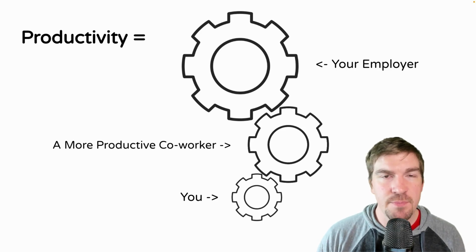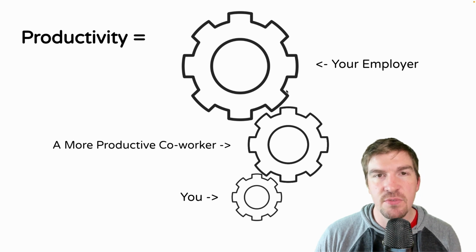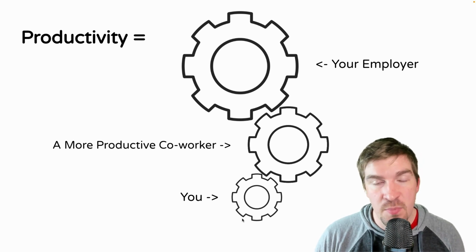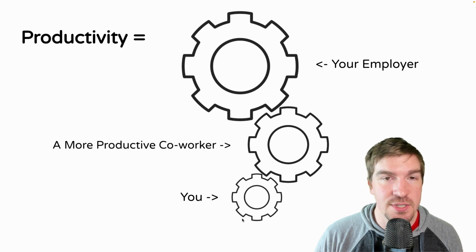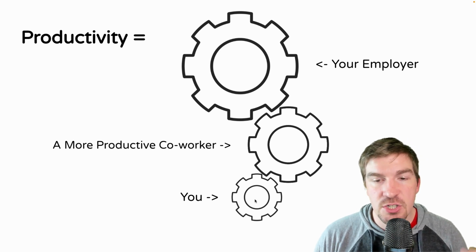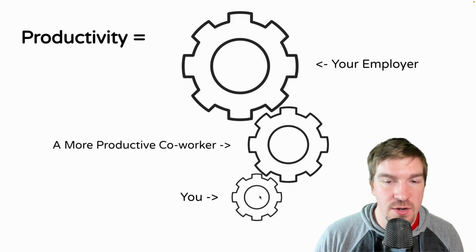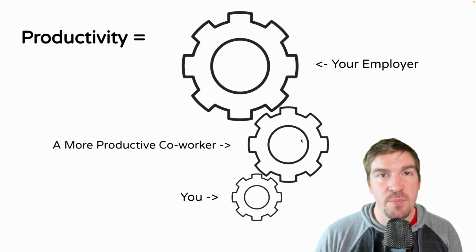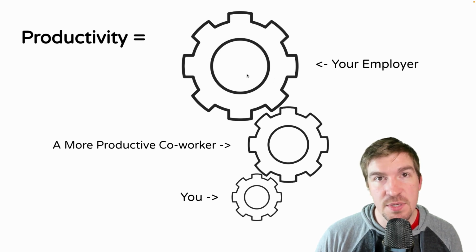So you can think of any business out there as a series of gears where the people inside the company drive the business. And if you are in a business, you fit somewhere in a hierarchy of gears that relate to productivity. There may be people below you. You may be more productive than some of the other people in your organization. But for simplicity, just to demonstrate, if you are here and there is somebody above you that is more productive, they are a bigger gear driving the business.